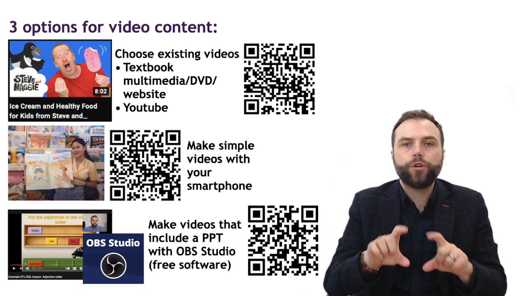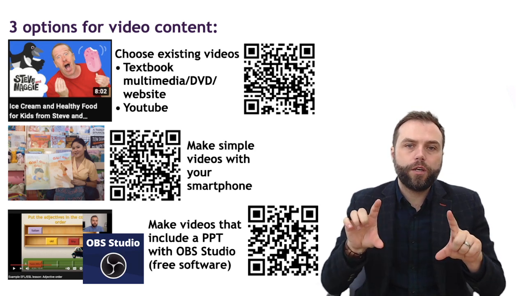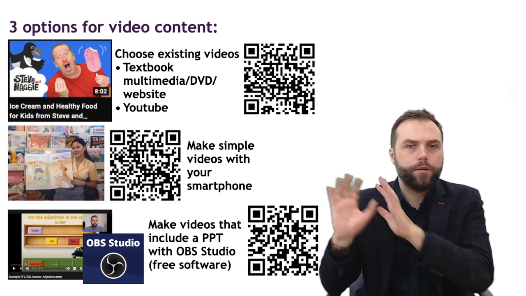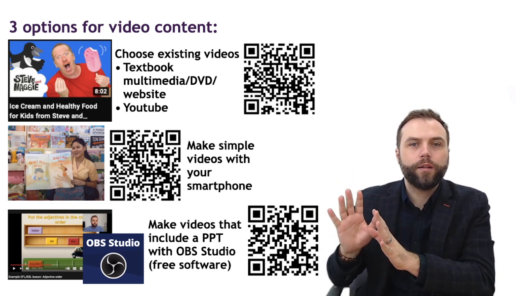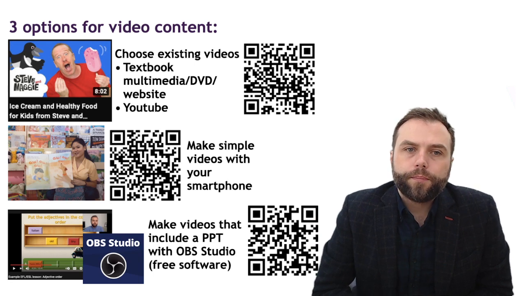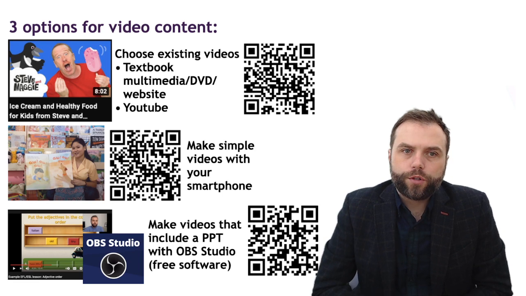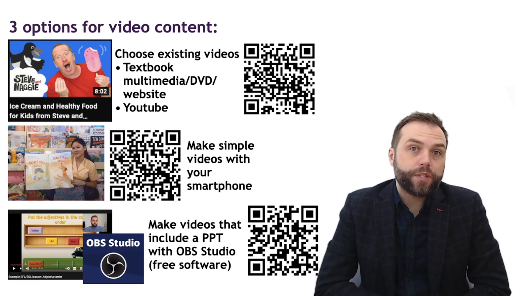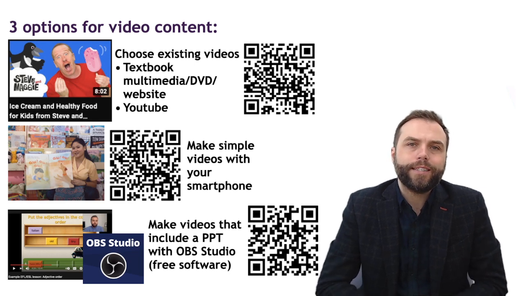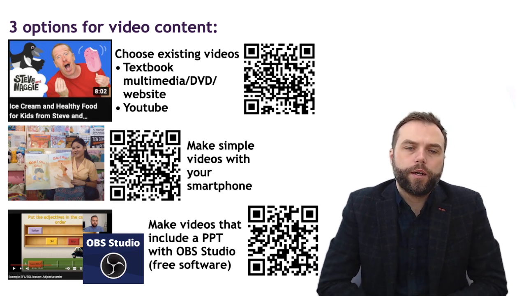If it's easier, you can just have a little square webcam video with you in the corner and the presentation file on this side, showing the main information. So yeah, OBS Studio is an option if you want to make videos that have more specific content, that you're covering more detailed things and you want to include presentations.